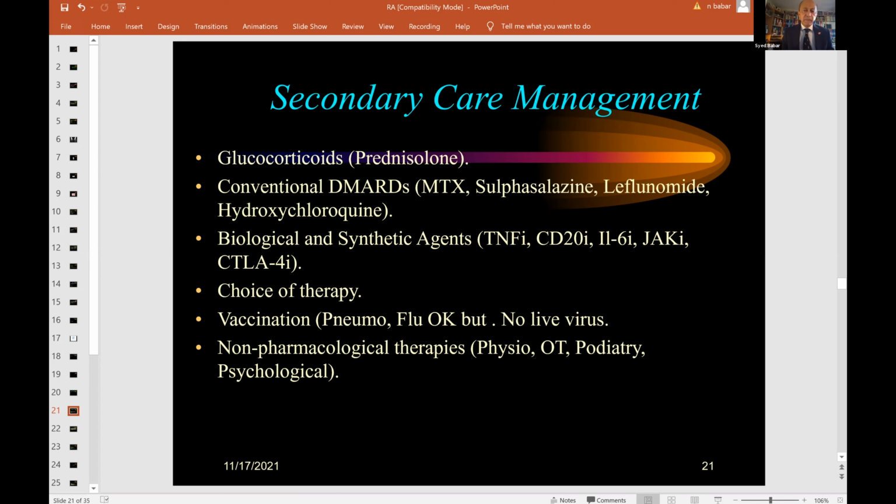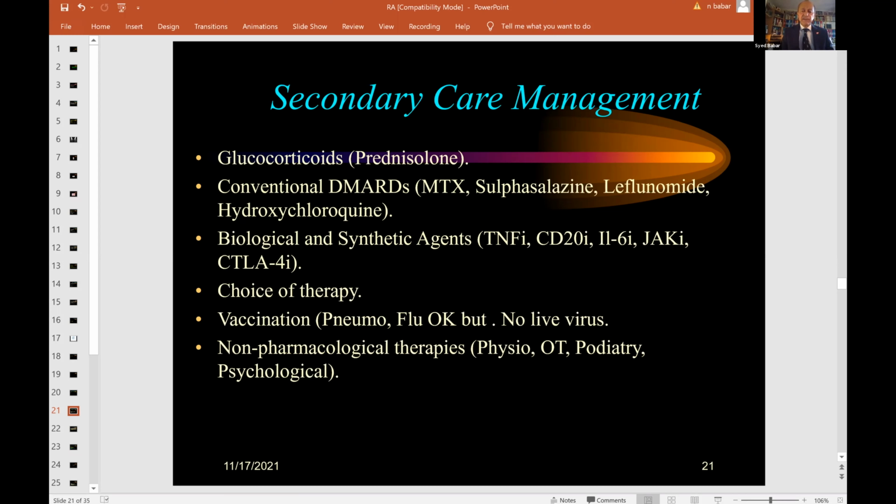One could use conventional disease-modifying anti-rheumatic drugs, such as methotrexate, sulfasalazine, leflunomide, or hydroxychloroquine. There are some reservations, and therefore individual selection should be made. In addition, or as an alternative, biological and synthetic agents can be used and should be used.